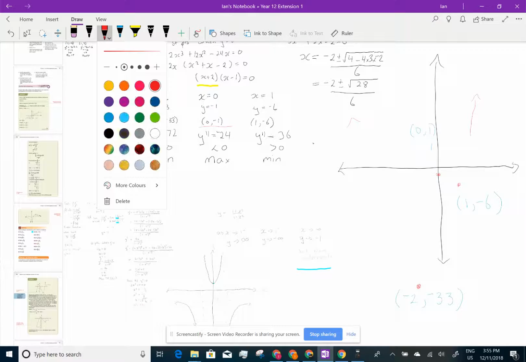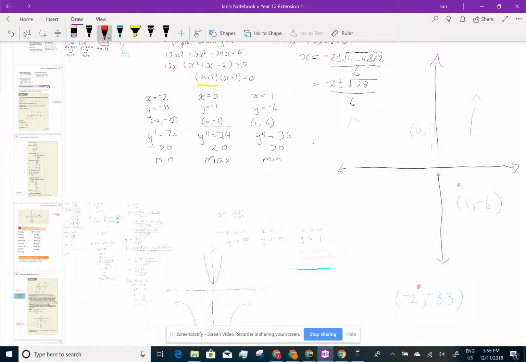Now we can draw it properly. So it comes screaming down there, turns around there, and shoots up there. Put my arrows on. That's 1, negative 6, and this is the point 0, negative 1.